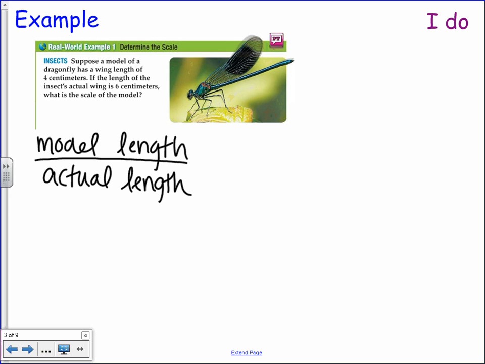And now from the problem, what is the model length? Well, it says the model is 4 centimeters, right? So we've got 4 centimeters over the actual, and the actual is 6 centimeters. And we're going to set this equal to 1 over how many is the actual.